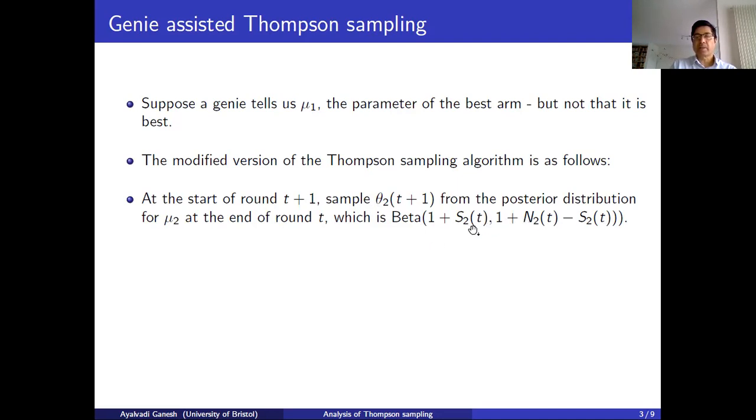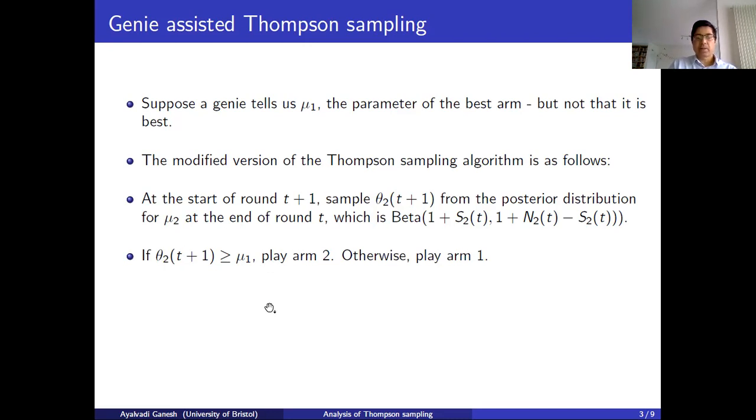So we add the number of successes up to that round to 1 for the first parameter, and we add the number of failures to 1 for the second parameter. Okay, and then if the sample turns out to be at least as big as mu1, which we know, then we play arm 2. And if it's smaller, we play arm 1.